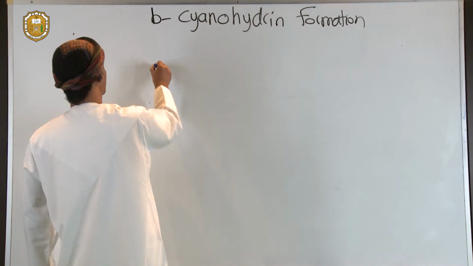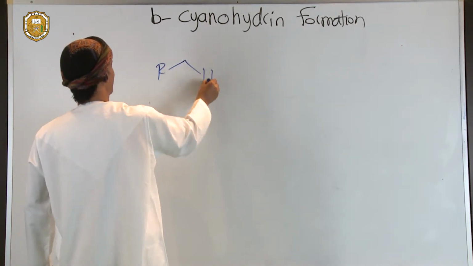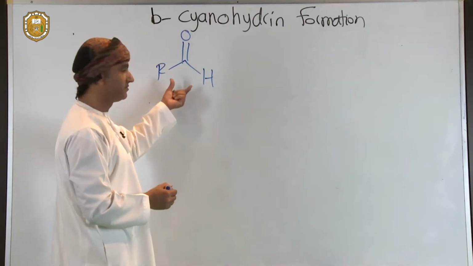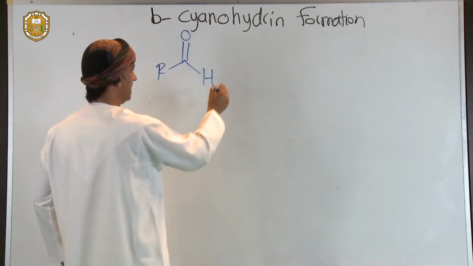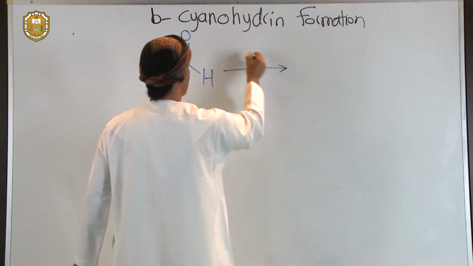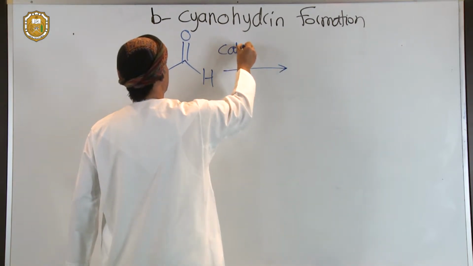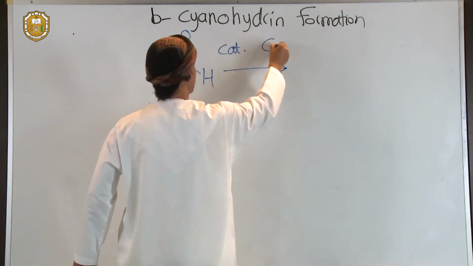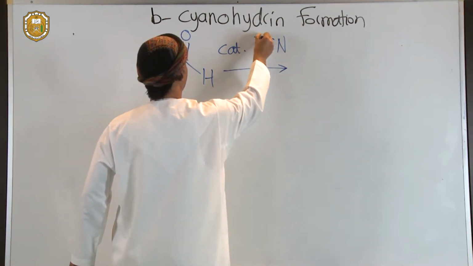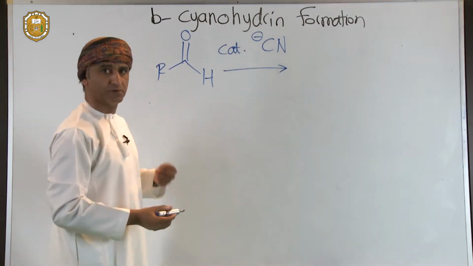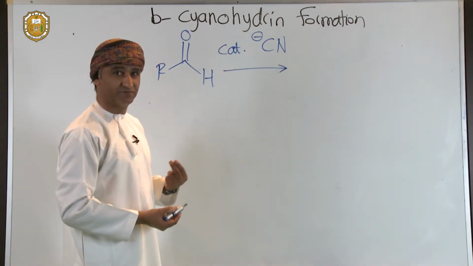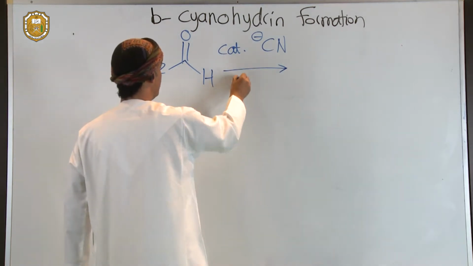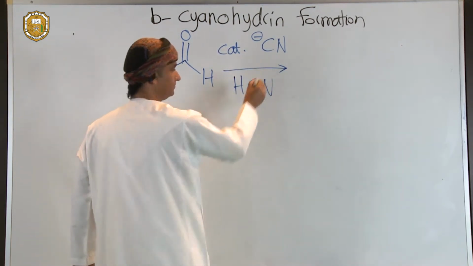So if you take a general structure for aldehydes, so that's a general structure for an aldehyde, and now we react it with a catalytic amount of the cyanide ion in the form of sodium cyanide, for example, or potassium cyanide, in the presence of HCN.